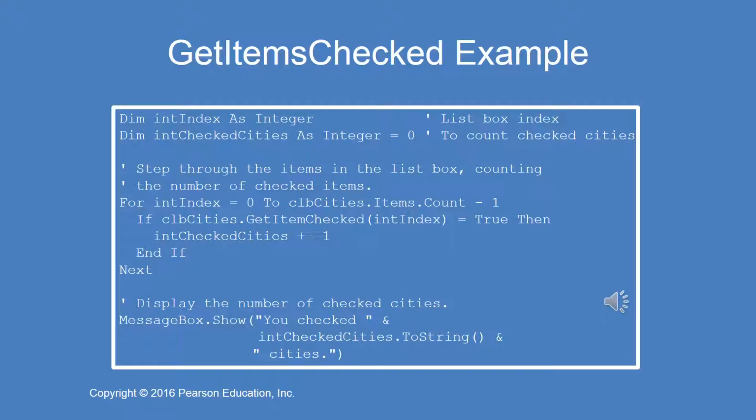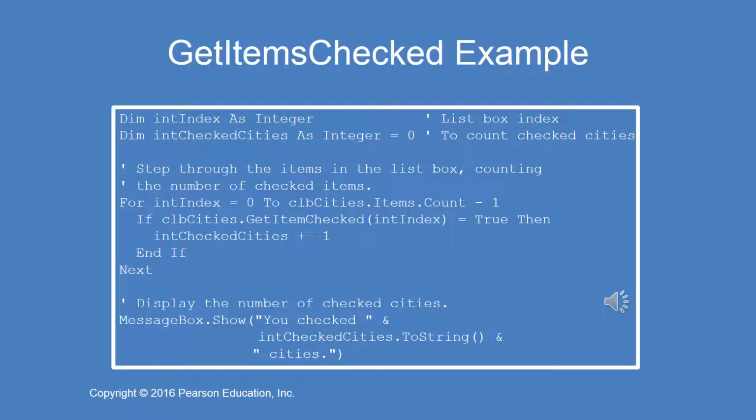And then in the body of the loop, we have an if statement. If checked list box cities dot GetItemChecked, and then we have the index being inspected. If that's true, then we increment intCheckedCities by 1, which started at 0. So each time we get to the next index, we check to see if the index has been checked.